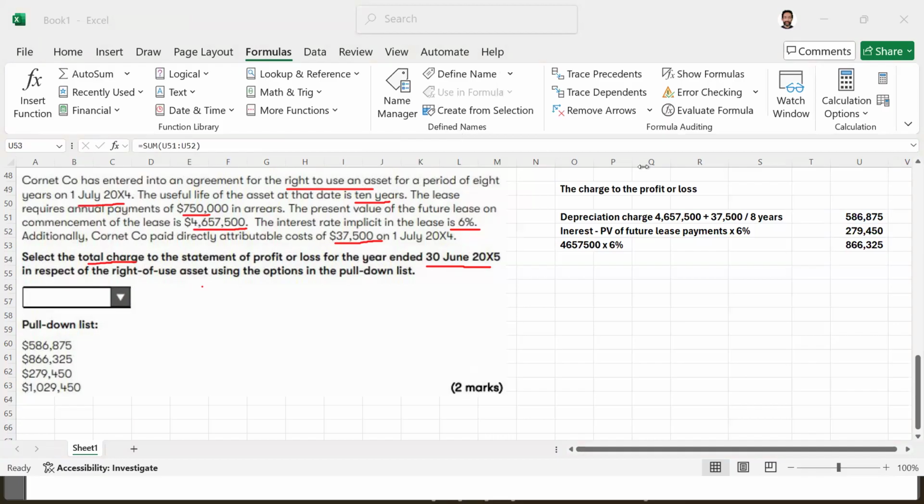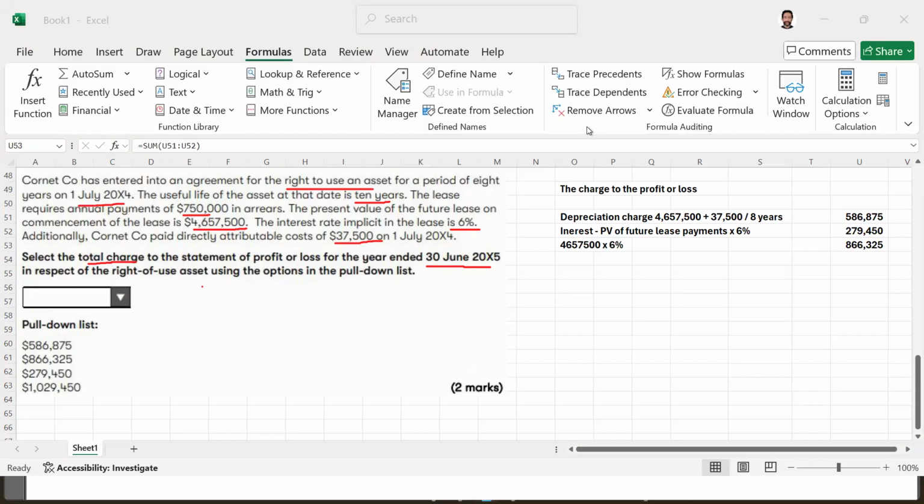So in this case, for this question, we're just going to put the depreciation charge and not the interest, because I don't understand why we are adding the interest if they're saying in respect of the right of use. Yeah, because when we are dealing with a right of use asset, the lease liability is related to that.